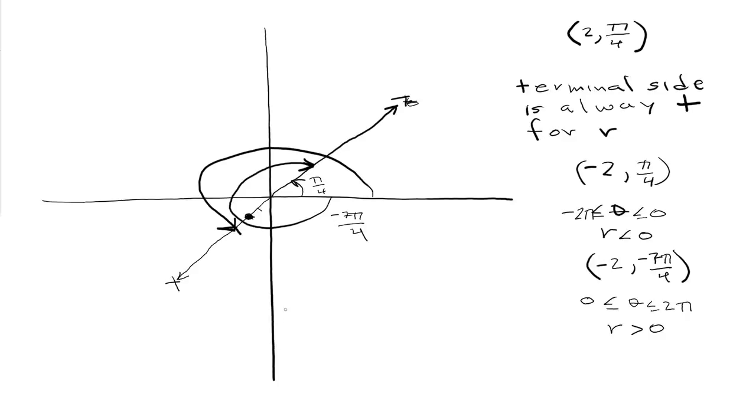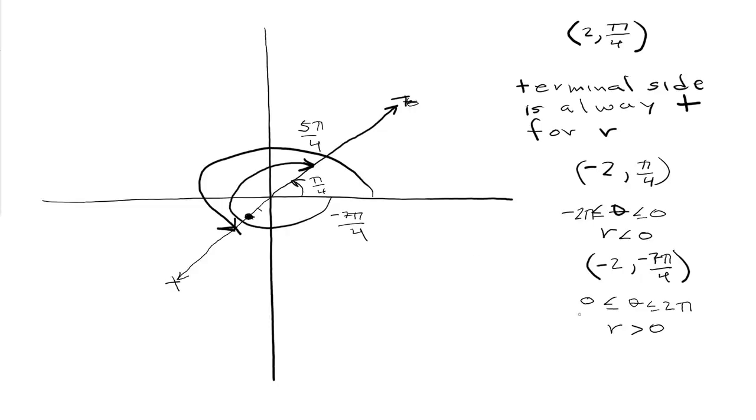So if my point is going to be on the positive axis, this line right here has to be the terminal side of the angle. So I measure around to here, and that is 5 pi over 4. And then my radius is going to be positive 2.